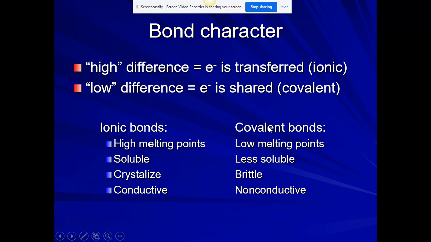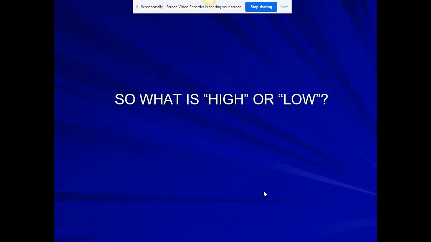I think of water as a really good example. I can melt water just in my hand. It's not as soluble with things, it's brittle when it is a solid, and it's not conductive. Pure water versus water that has contaminants in it, but pure water doesn't actually conduct electricity at all. So that's one thing that tells us the traits of those particular bonds.